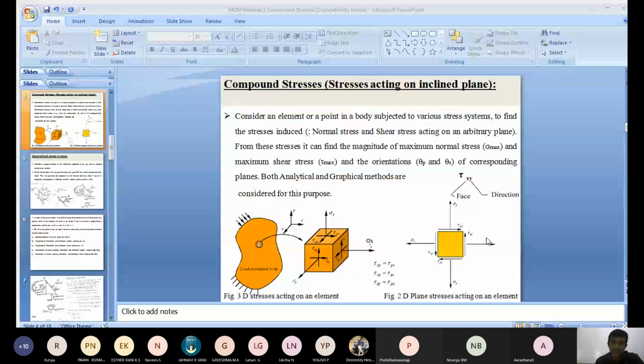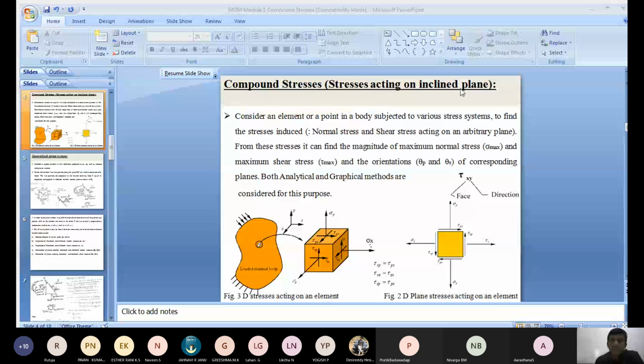Now, once you consider component stresses acting on an element, what is our aim? Consider an element or a point in a body subjected to various stresses, meaning two or more stresses acting on the body. We find the stresses induced: one is the normal stress, a stress perpendicular to the plane, and another is the shear stress, a stress acting parallel to the plane, on an arbitrary cutting plane.